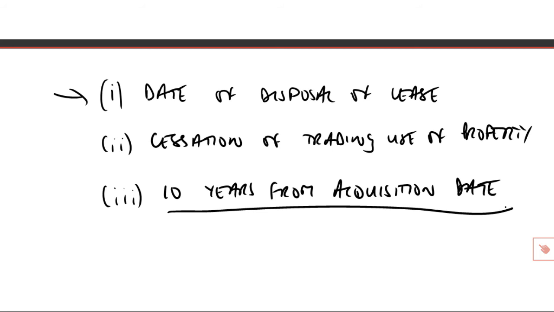For rollover to occur, we must be disposing of a qualifying business asset and then reinvesting the proceeds in another qualifying business asset. The reinvestment or reinvestments must take place between 12 months before to 3 years after the disposal date of the qualifying business asset. What then will be done with the gain? Well, it now depends on what we buy.